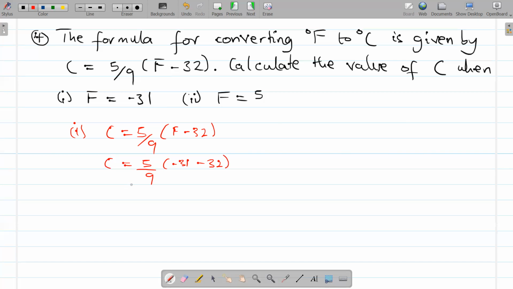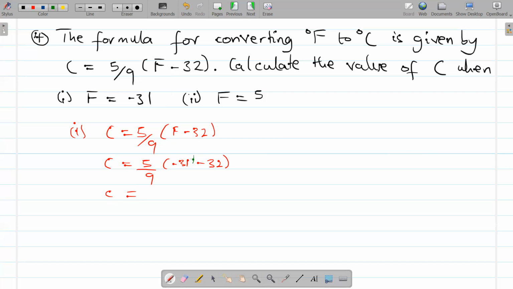What are you going to get? I got negative 315. So let's see. C is equal to, if you look at this, it is minus 31, minus 32. What it actually means is you are adding 2 negatives.